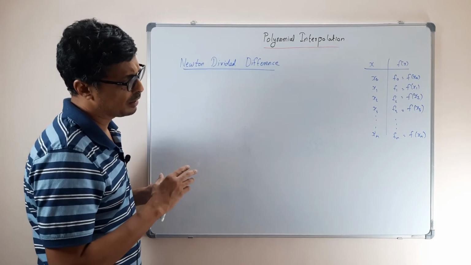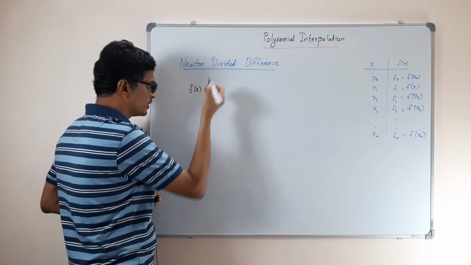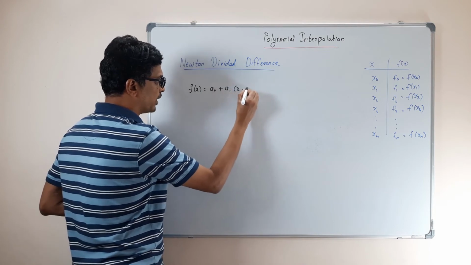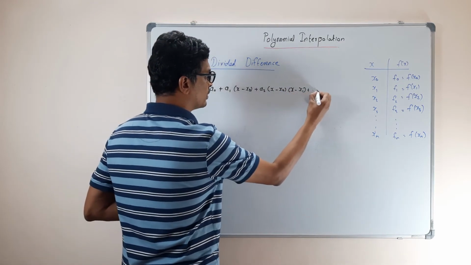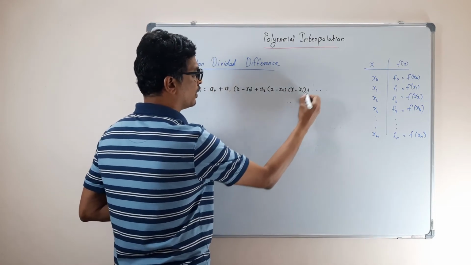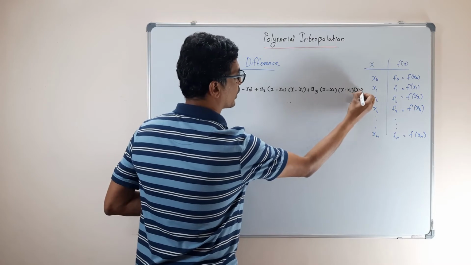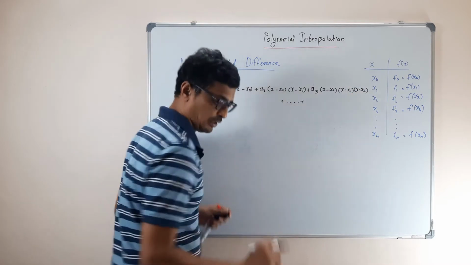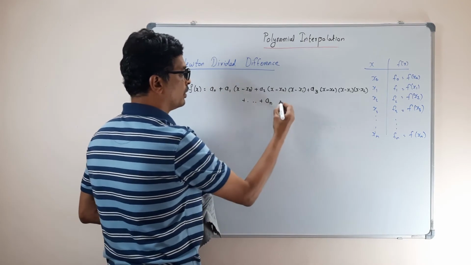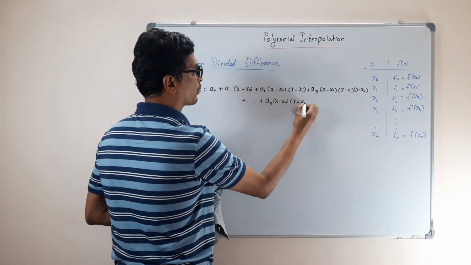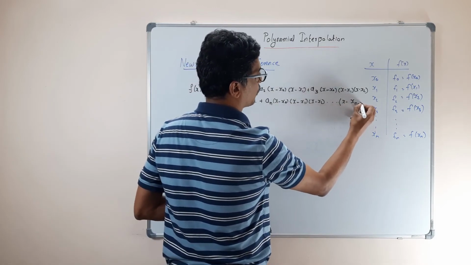Let the polynomial which passes through all the points be written as f of x equals a0, some constant a0, plus a1 into x minus x0, plus a2 into x minus x0, x minus x1, plus a3 into x minus x0, x minus x1, x minus x2, and finally plus an into x minus x0, x minus x1, x minus x2, up to x minus xn minus 1.